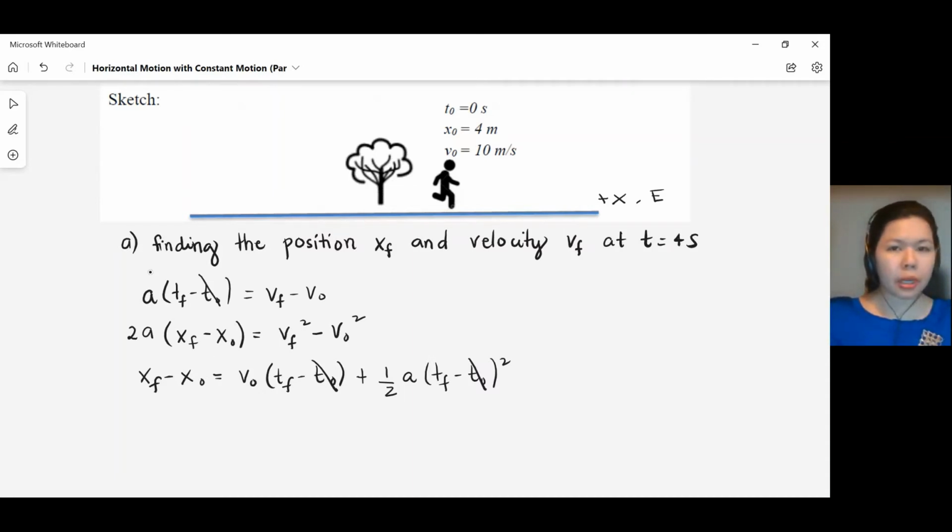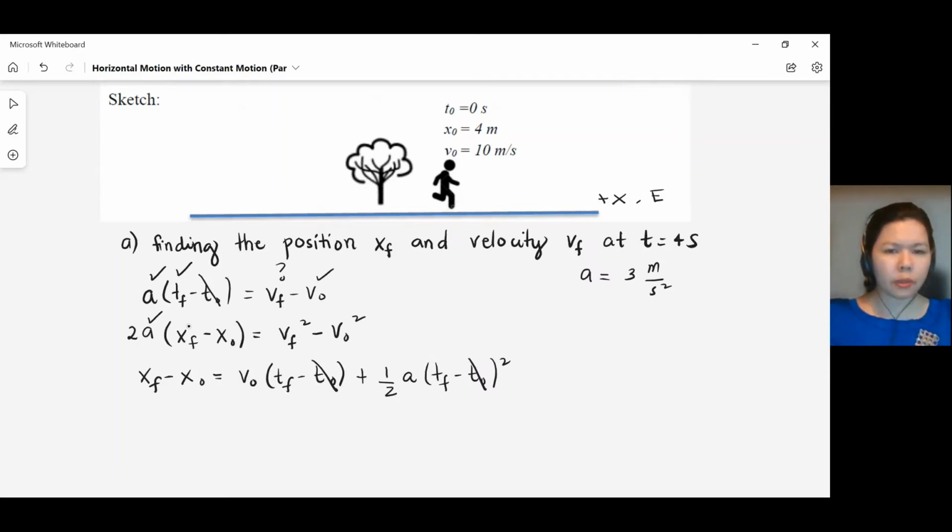And so we have acceleration. It is given, A is equal to 3 meters per second squared. So this is check A, and T final is 4 seconds, given. V final, we are looking for this, and V initial is also available. And for the second equation, let's check.